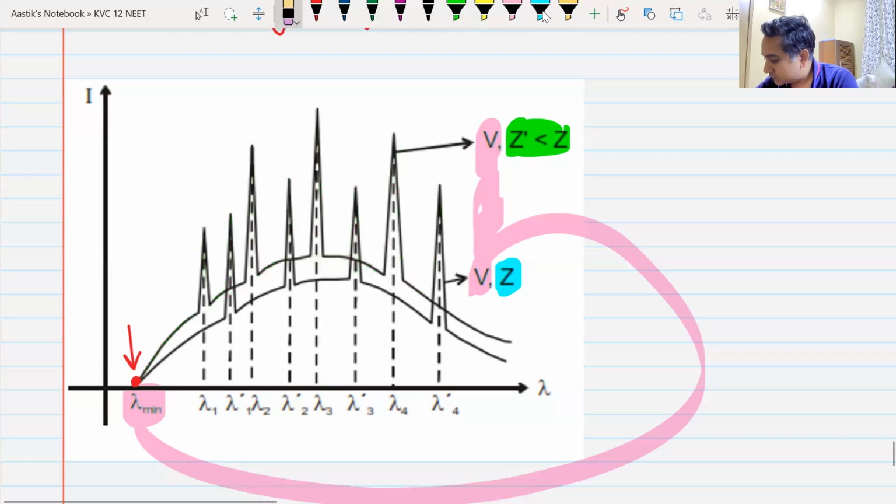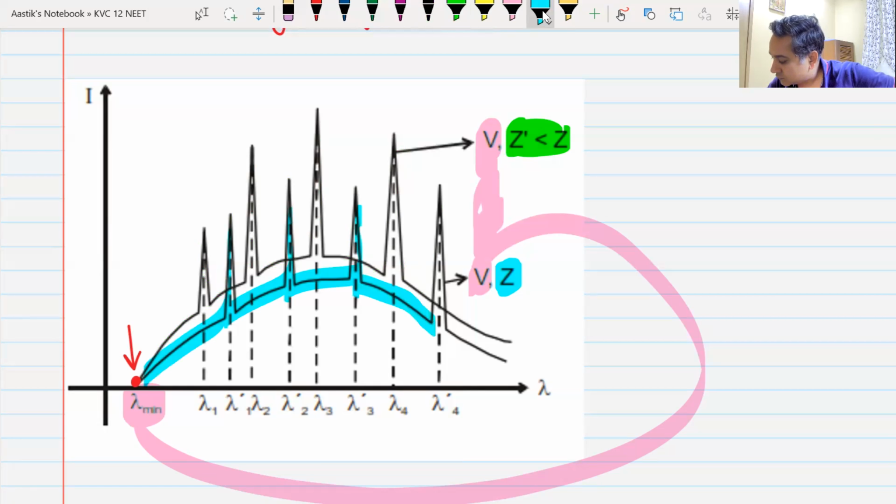Do you understand this? The upper one is the green one, and the lower one is your blue one. The blue one is the one with the higher atomic number.